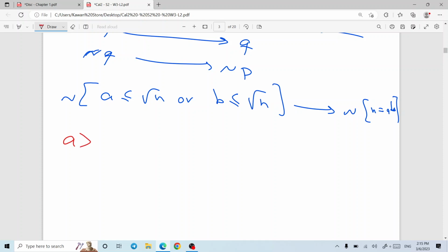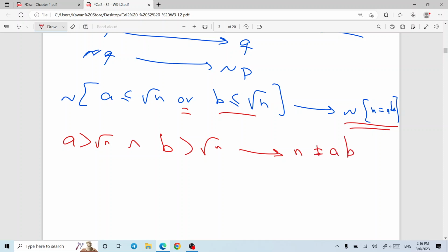A greater than the square root of N, right? And "or" will change to what? And. And how about that one? B greater than the square root of N. Then how about the negation of the right side? Not equal: N not equal to AB. You are right. When you say not equal, what do you mean in your mind?